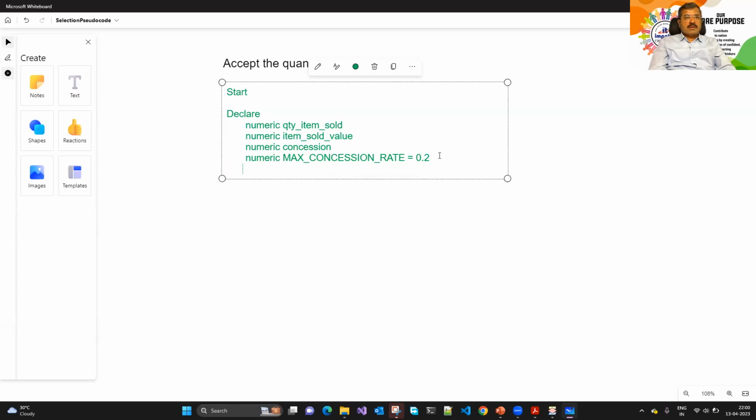So think about some names. They're constants, so I should also write constant over here. What is the max concession rate? Numeric.